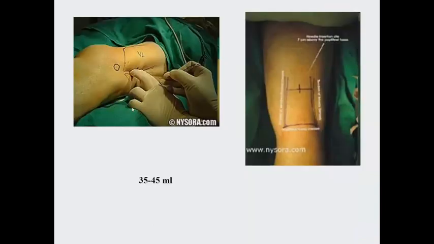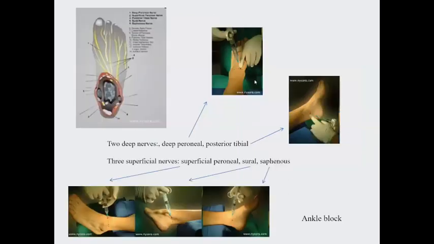Some nerves of the lower limb can also be anesthetized below the thigh, at the level of the knee, and also the block of the foot. It can be done as an infiltration around the ankle. It's similar to the block that I showed you a few minutes earlier.